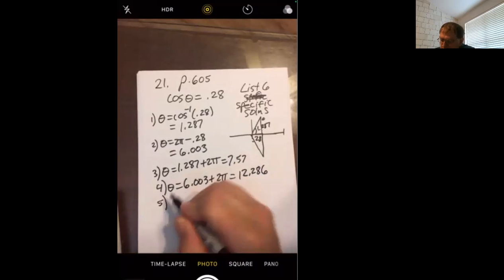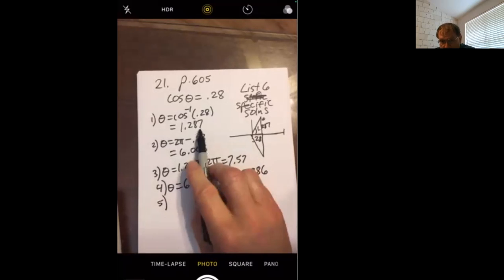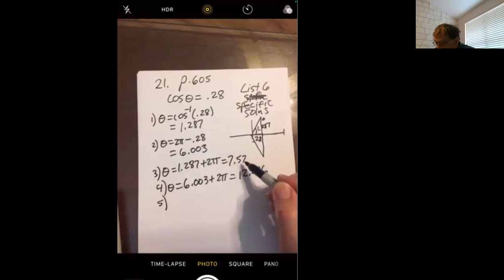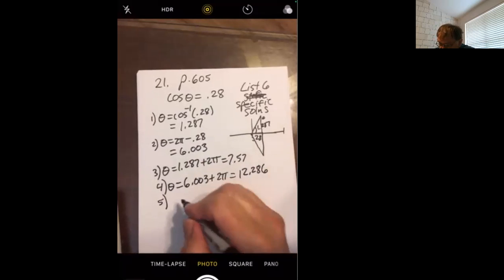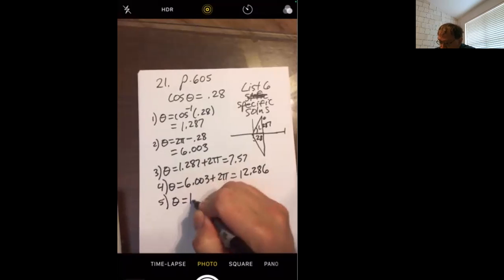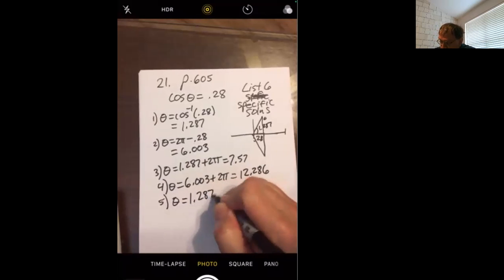Fifth one: you can either add 4 pi to this or 2 pi to these. Your choice. I'll do 4 pi to the originals. 1.287, add 4 pi.